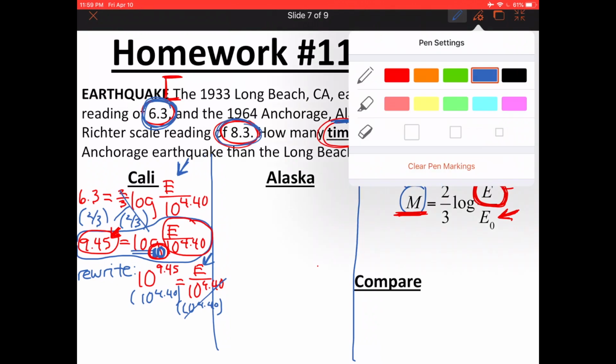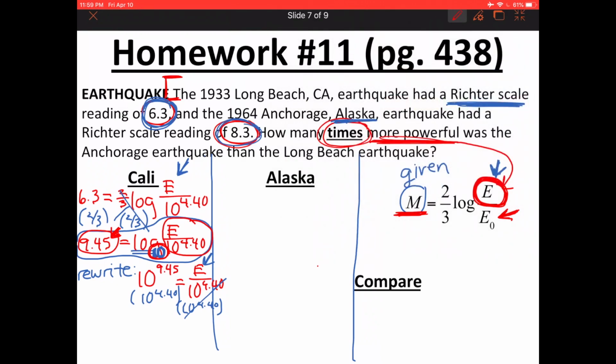And so I end up with E equals 7.08 times 10 to the power of 13. And so here is my energy released from this California earthquake.